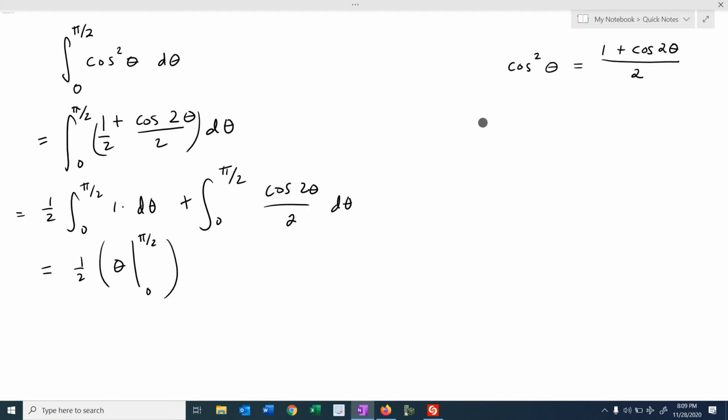Okay, let's do this one on the side. I'm going to evaluate it as an indefinite integral first. Okay, so we can pull the 1/2 out in front. And then to evaluate this indefinite integral, we're going to have to use substitution, since this is a composition of two functions, and we're going to let u be the inner function, which happens to be 2 theta.